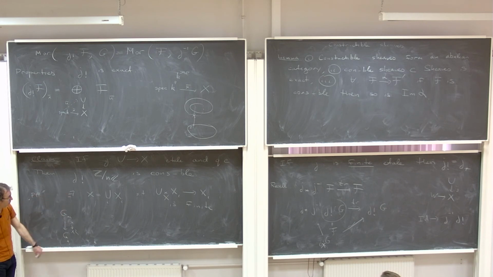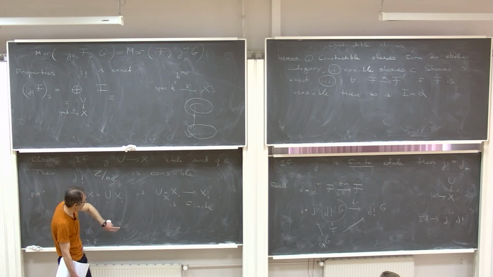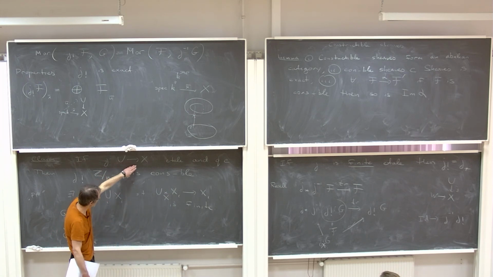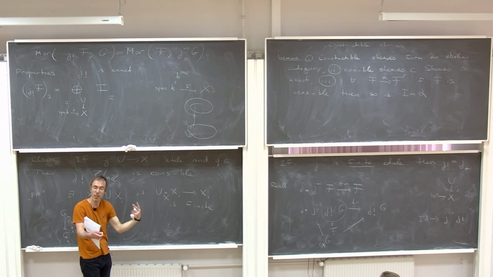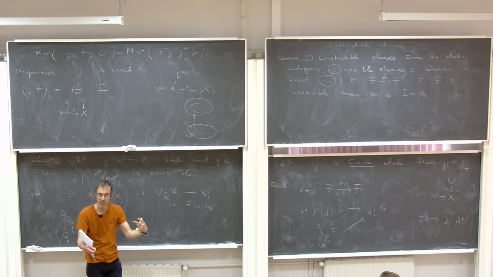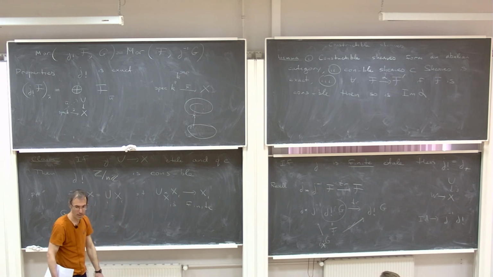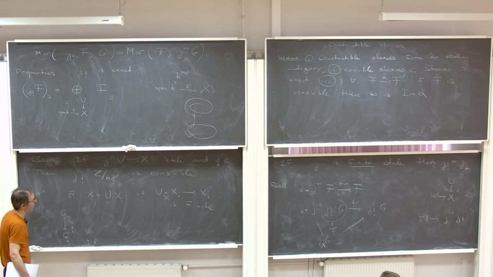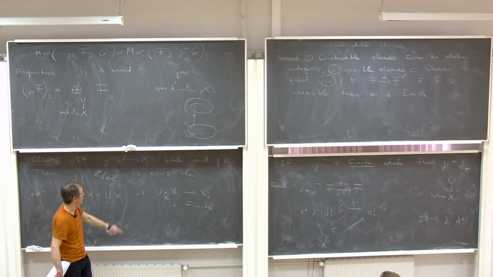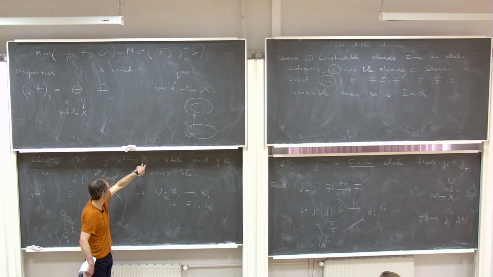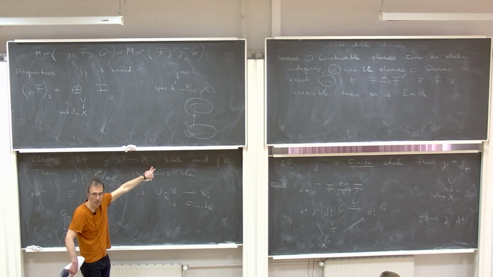Proving this amounts to the following. By induction, all you need to check is that if you have an étale morphism, then there exists an open subset of X such that over this open subset, your étale morphism is finite. This amounts to the assertion that if you have a quasi-finite morphism, then there exists an open subset W of X such that the number of points in each geometric fiber is the same.